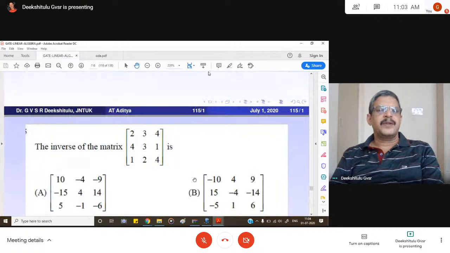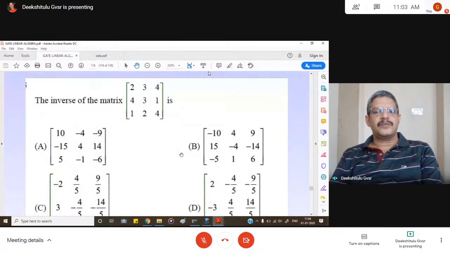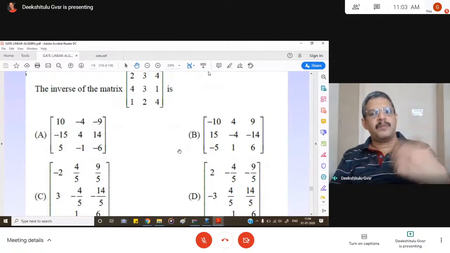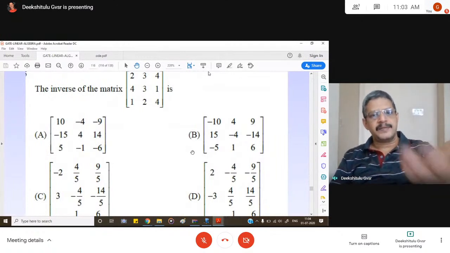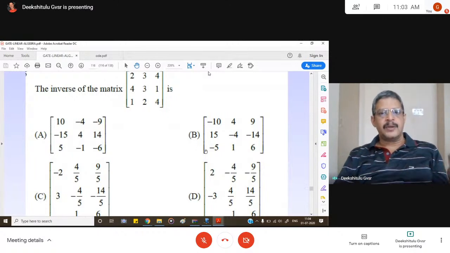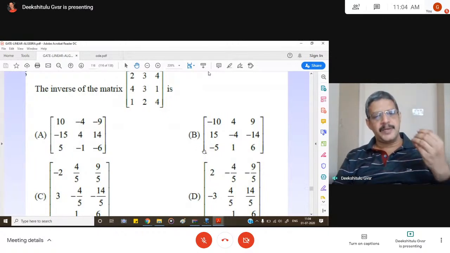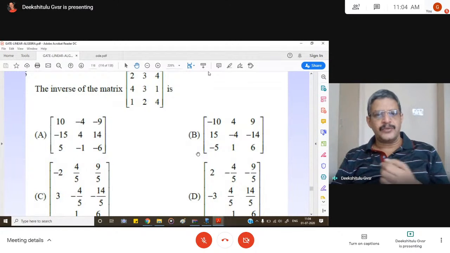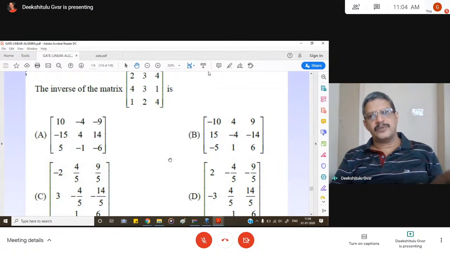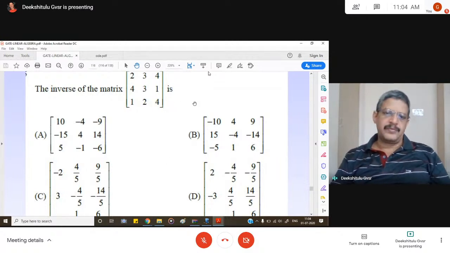Next one is the inverse of the matrix 2, 3, 4. Now you people are saying problems are lengthy and asking for a shortcut. The matrix is given in this problem, and we could use the standard method, adjoint by determinant, or Gauss elimination, Gauss-Jordan. But if you find it difficult to find the inverse using those methods, you can do it in a simpler way.